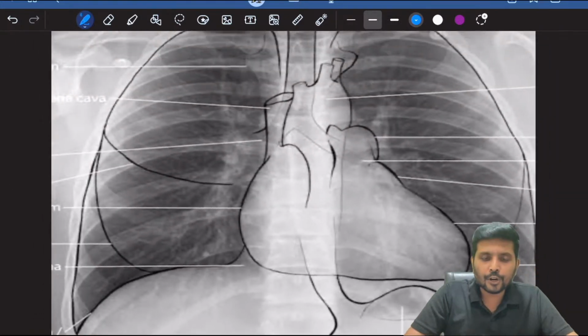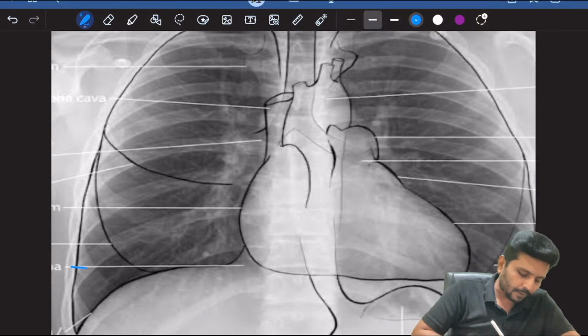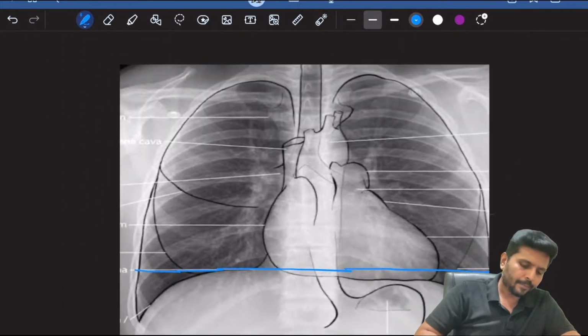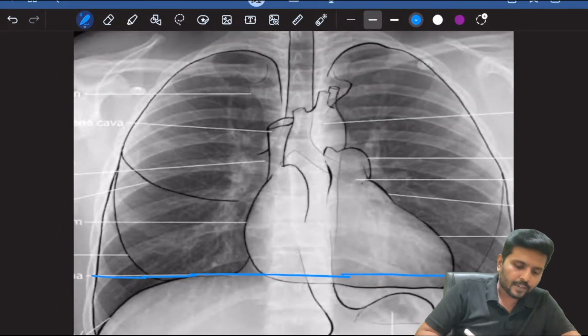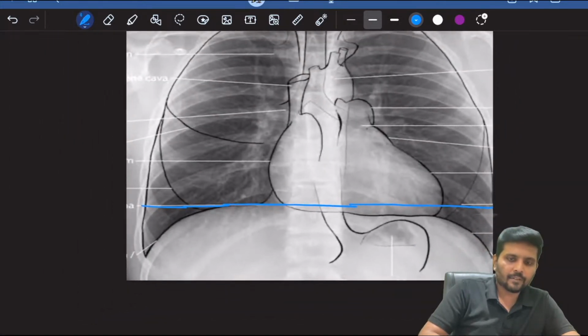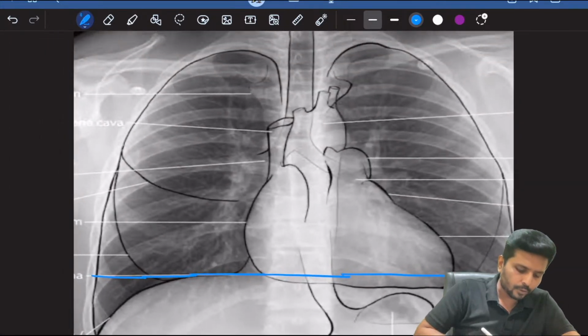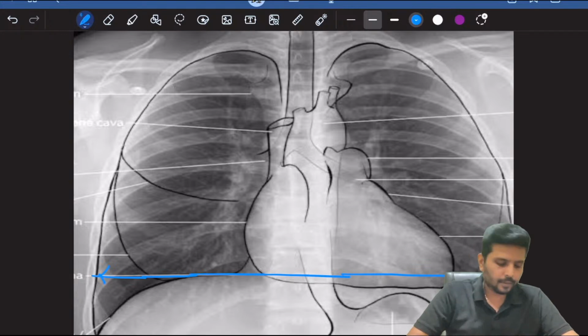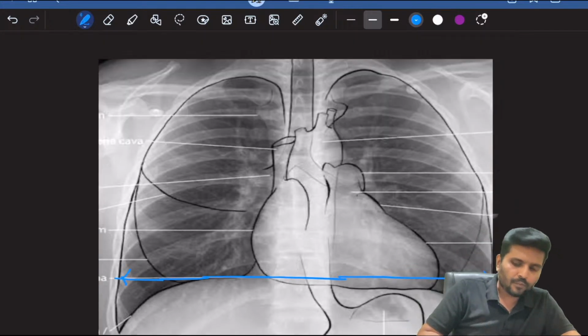You need to draw a line just above the level of the diaphragm, from here to here, from wall to wall.